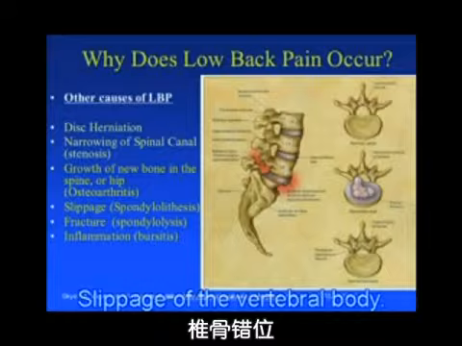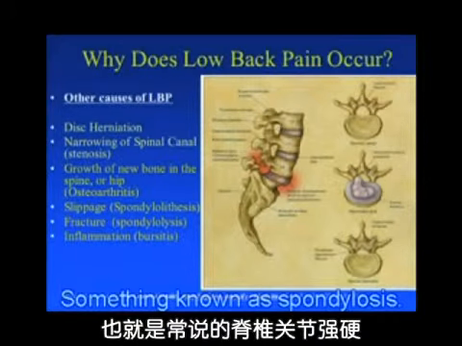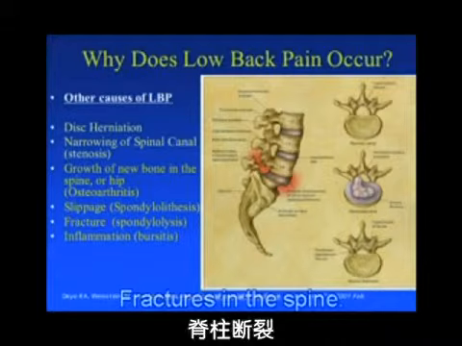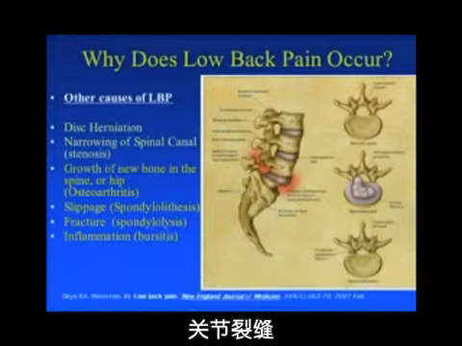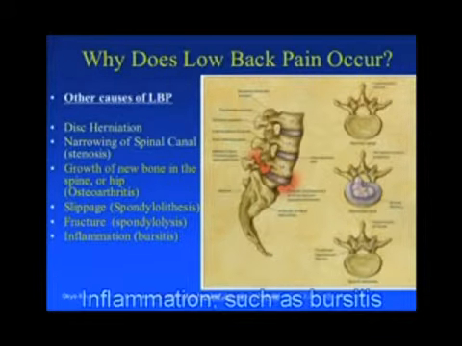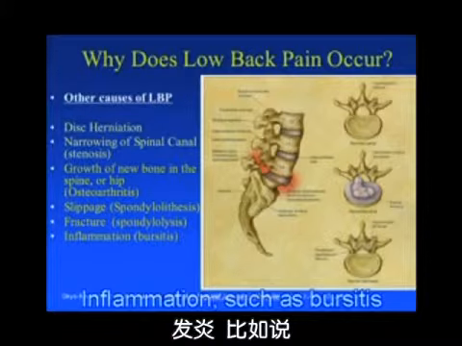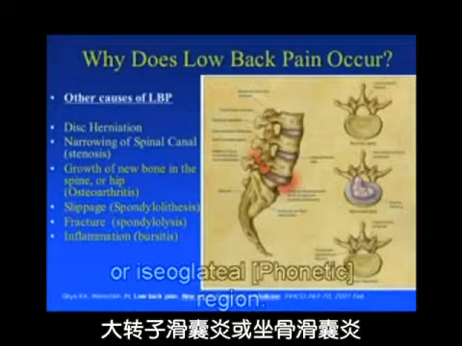Slippage of the vertebral body, something known as spondylolisthesis. Fractures in the spine, either in the pars interarticularis or a compression fracture of the vertebral body. Inflammation, such as bursitis in the greater trochanter or ischiogluteal region.